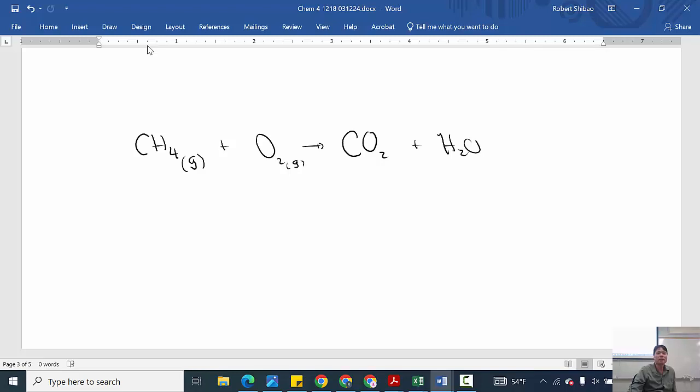That would be another oxide. And an oxide of hydrogen. What's an oxide of hydrogen? Hydroxide or water. Water is an oxide of hydrogen. And so what we're doing is oxidizing the methane, or combusting the methane.